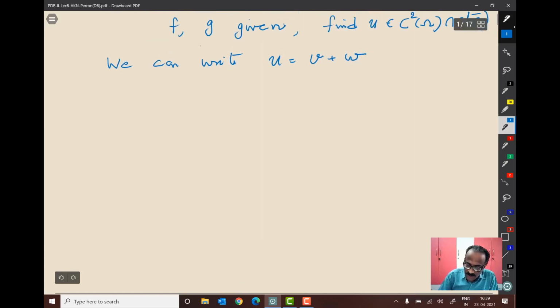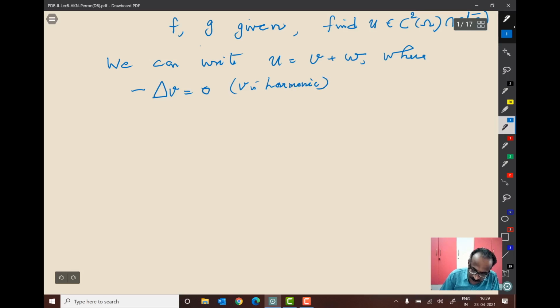That is how we are going to study it. Here v satisfies a homogeneous equation: the Laplacian of v is zero, that is, v is harmonic, with non-trivial boundary condition g.